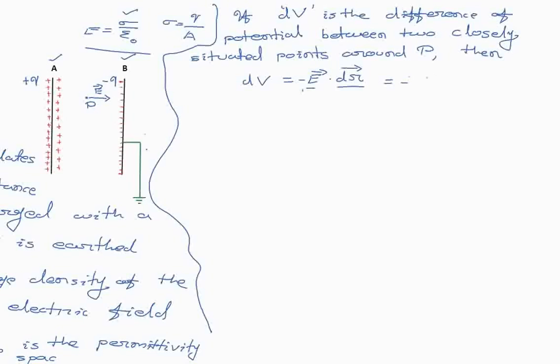So minus E dr cos 180 degrees. Again we know that cos 180 degrees is equal to minus 1. So minus E dr into minus 1. So this is equal to E into dr.